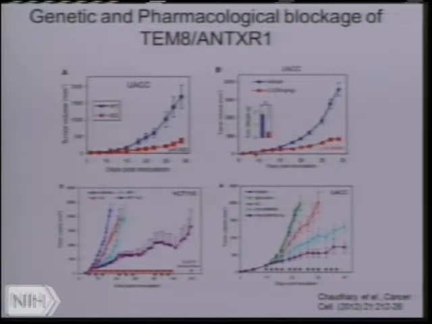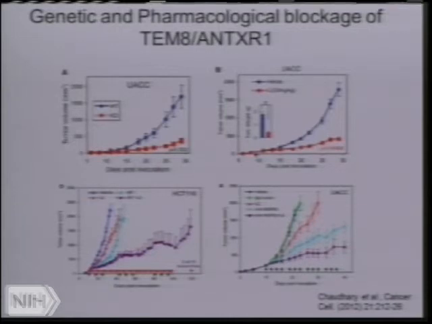This result is not so surprising, because this tumor endothelial marker 8 is exclusively overexpressed in the tumors. Therefore, it's not surprising that if it doesn't play a role in normal physiology, these animals are perfectly normal, and you can only see the effects in the context of tumor growth.